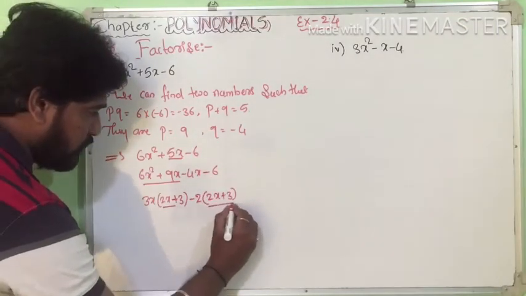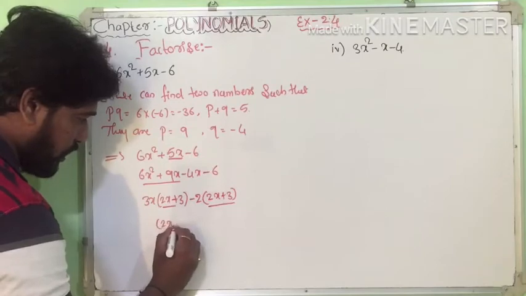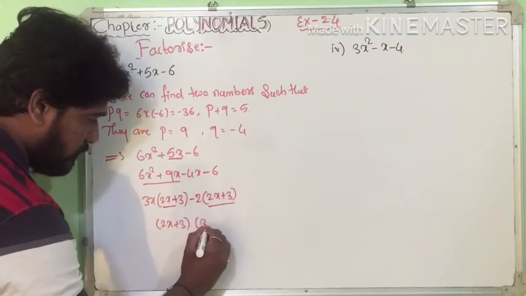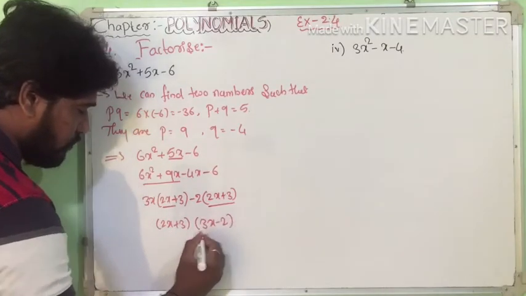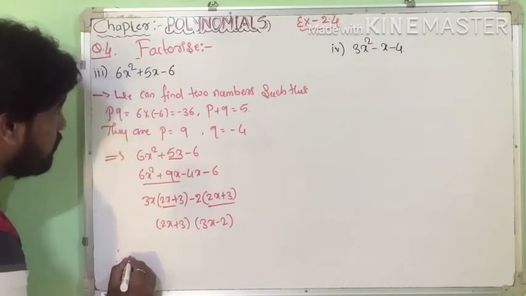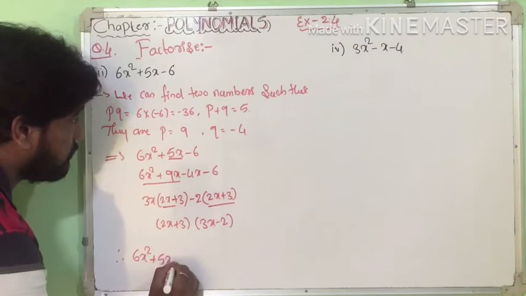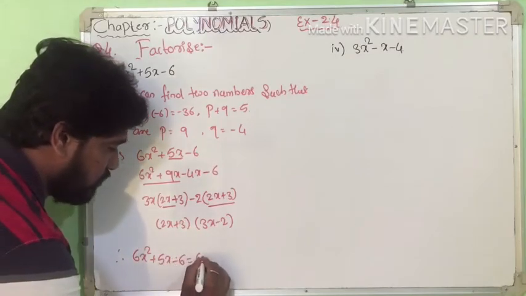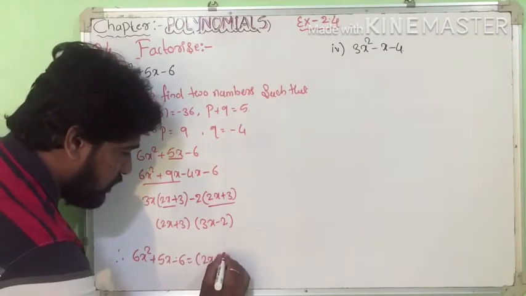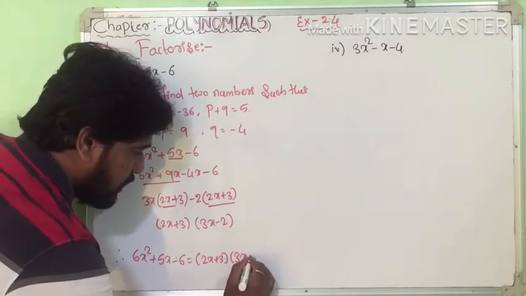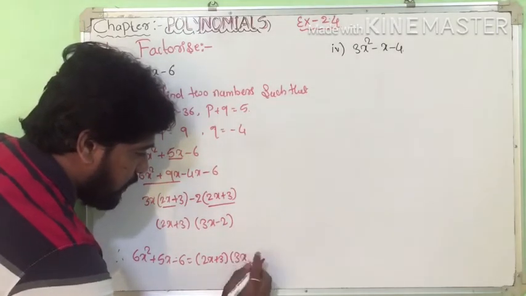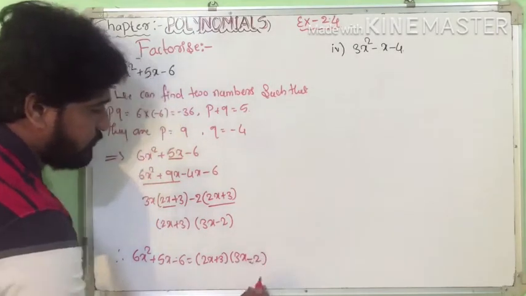Now these two are common, 2x plus 3, and the remaining term is 3x minus 2. Therefore 6x square plus 5x minus 6 is equal to 2x plus 3 into 3x minus 2. Is it clear?